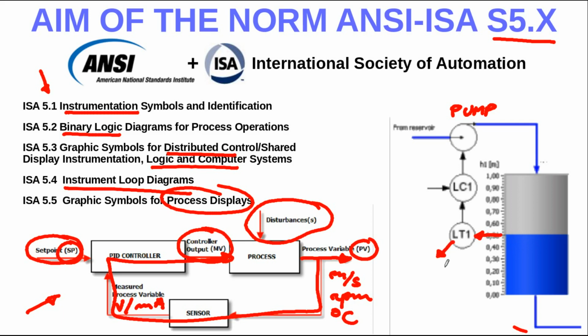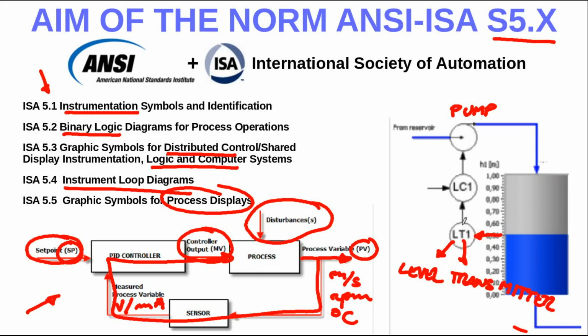As you can see here, there is an L. This L is for level. This T is because this is a sensor or a transmitter. So sensor and transmitter is at the end the same word. They are synonyms. So this is the sensor.